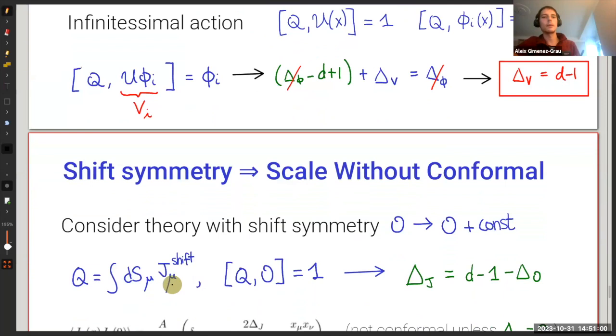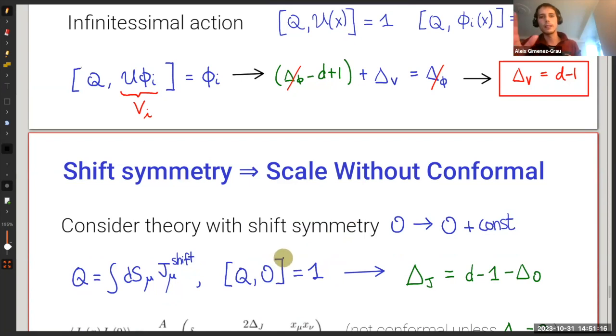Now what's going to happen? Well, there's going to be some shift current, and this shift current is going to generate some charge. And this charge, when it acts on O, is just going to give you the identity. That's the definition of having a shift symmetry.